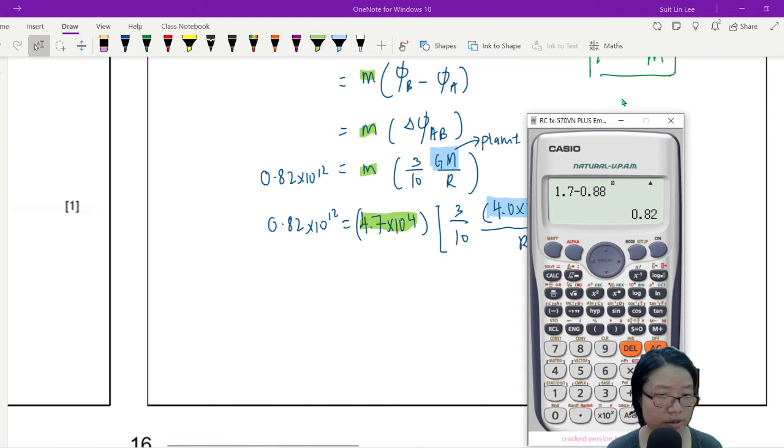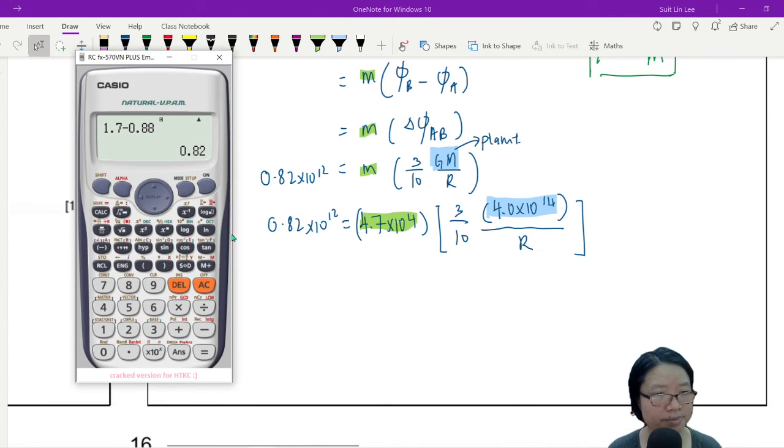I can press the calculator already, so I'll show you how to press. I'll start with whatever I have on the left, 0.82 times 10 to the power of 12. I'll start mentally moving things over. If you cannot do that, you may need to write a bit more. So I divide by this one, multiply by 10, divide by 3, divide by 4.0 times 10 to the power of 14.